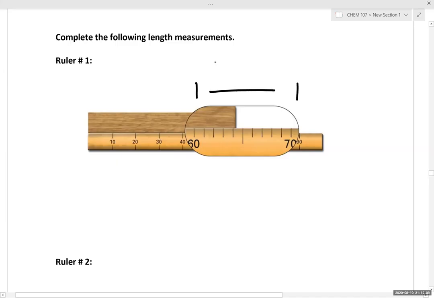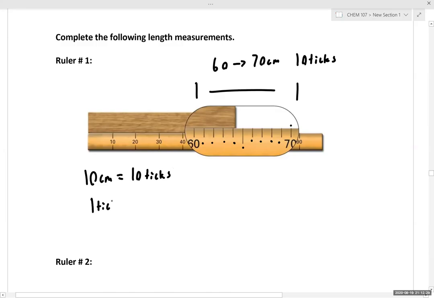To go from 60 to 70 centimeters, it takes us 10 ticks: 1, 2, 3, 4, 5, 6, 7, 8, 9, 10 ticks. So 10 centimeters are equal to 10 ticks, and then 1 tick is equal to 10/10, which is 1 centimeter.